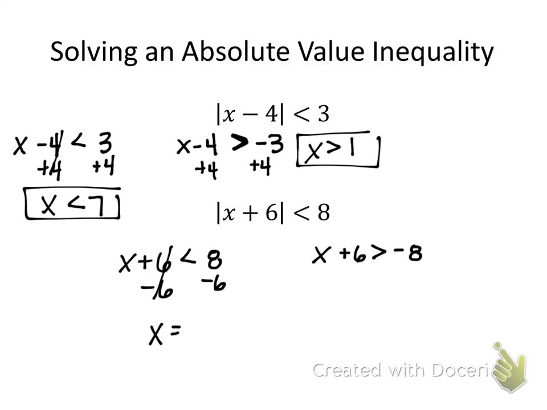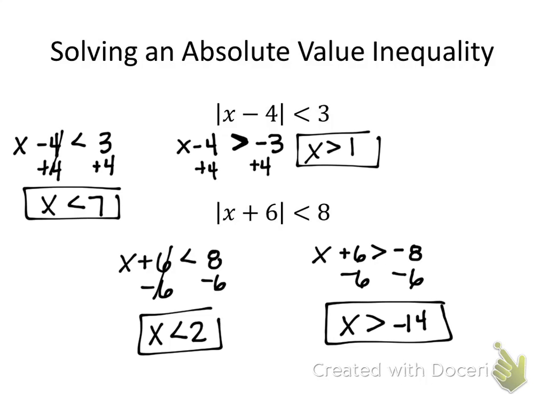X is less than 2. Then subtract 6 on both sides. X is greater than negative 14. Okay, so remember, whenever you have an inequality, you drop the bars and you rewrite it once with your exact same problem that you had with a positive answer, and then rewrite with the opposite sign and a negative answer.